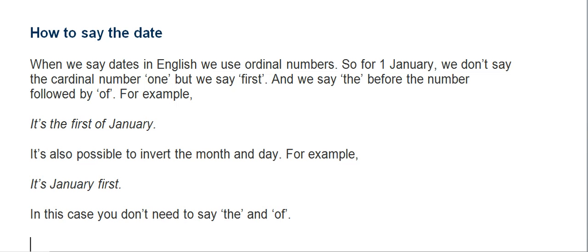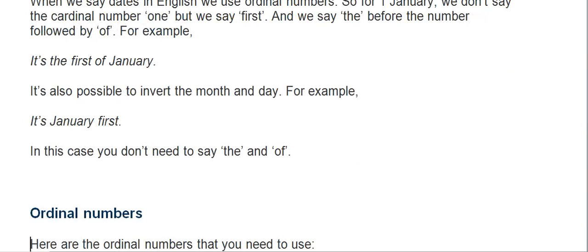It's also possible to invert the month and day. For example, it's January 1st. In this case, you don't need to say the and O. You just say January 1st.